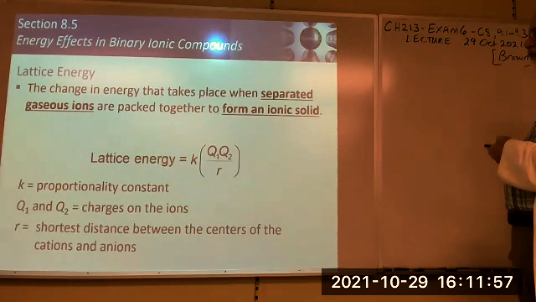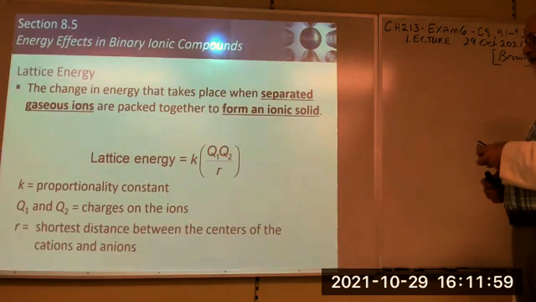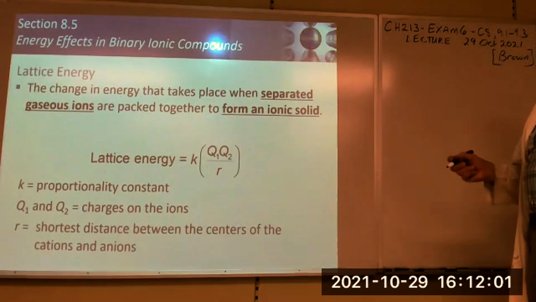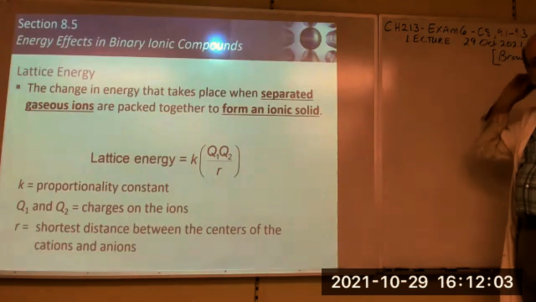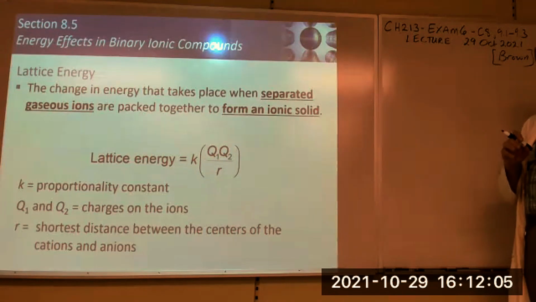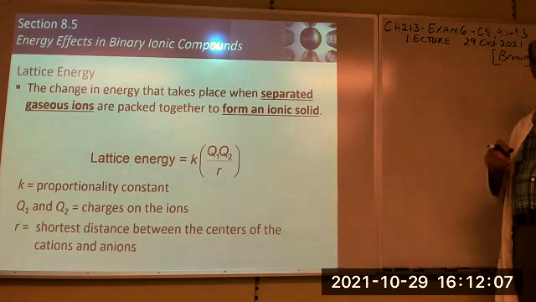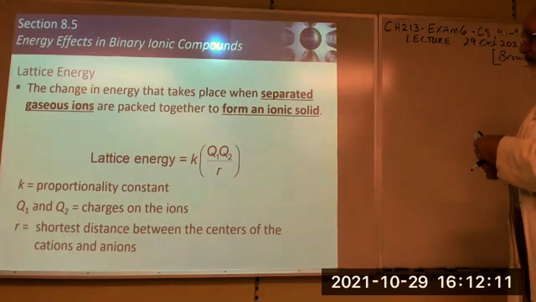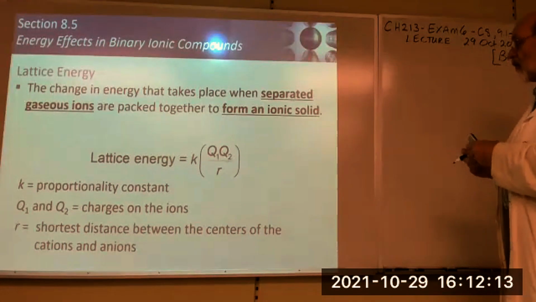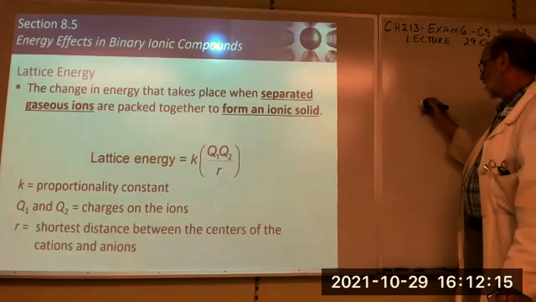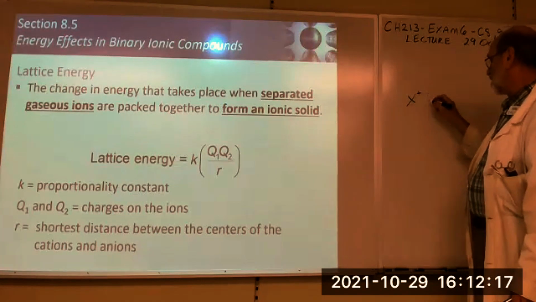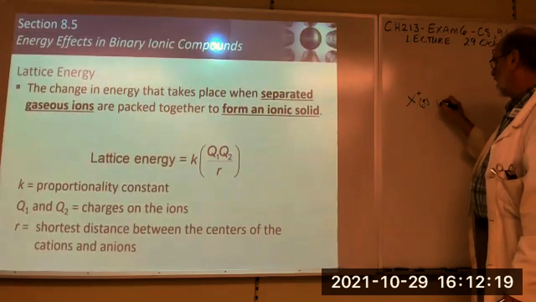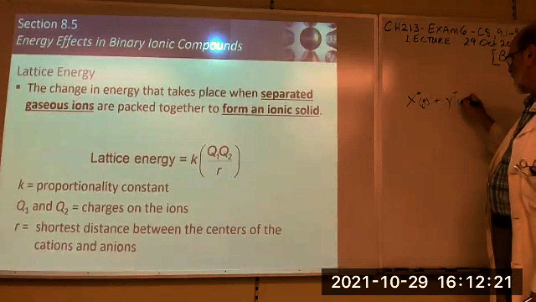When you have two separated gaseous ions, remember when we did ionization energy, we had to start from a gas so that phase changes didn't influence the energy calculations. So in lattice energy, let's say we have one cation that's a gas, and an anion that's also a gas.